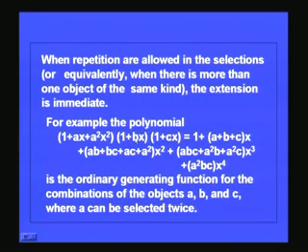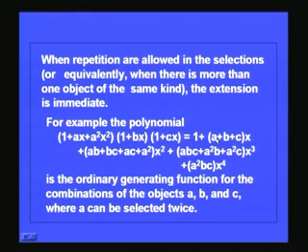Now, if you expand this, you get this, which means if you want to select one object out of the 3 objects where A can be selected twice. When you select only once, it does not matter whether you can select twice, and the coefficient becomes only A plus B. The coefficient of x tells you the number of ways of selecting one object out of 3 objects A, B, C, where you allow A to be selected twice.